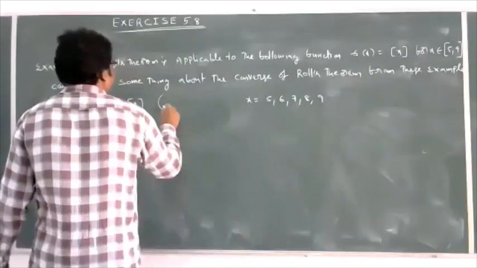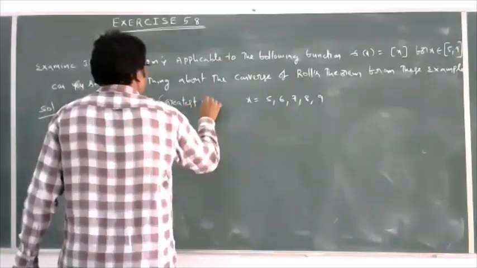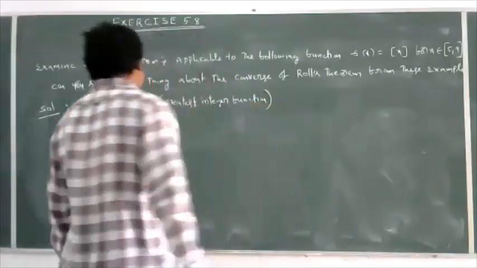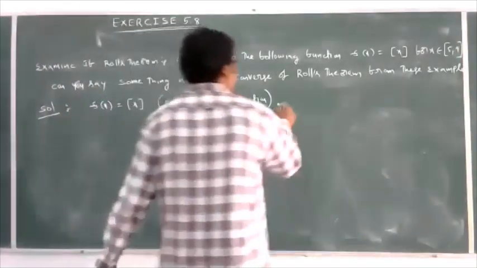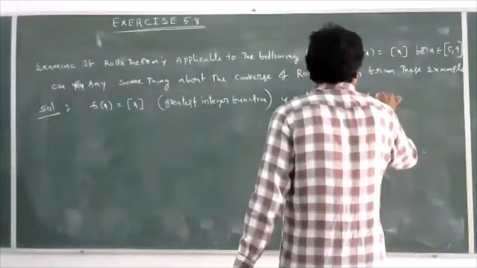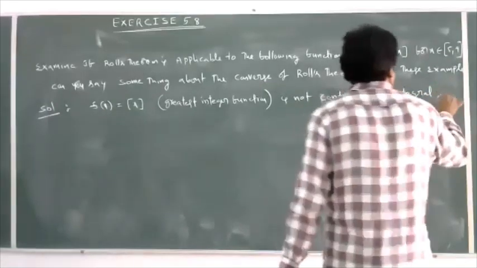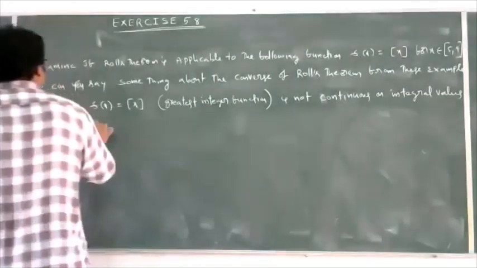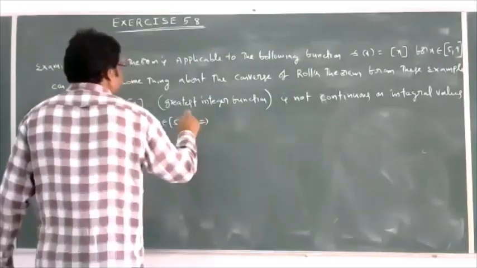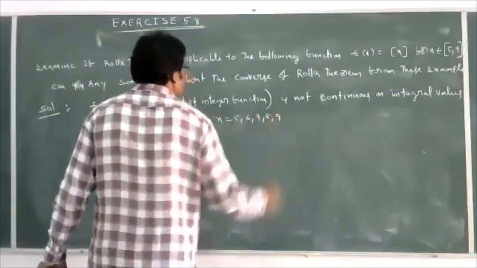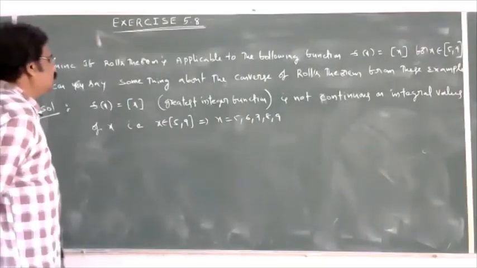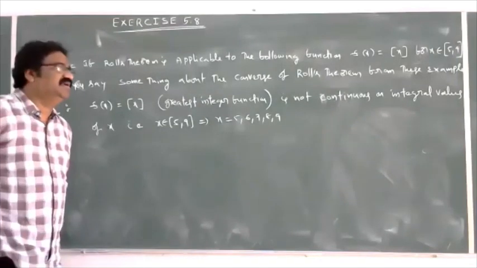The greatest integer function is not continuous on integral values of x, that is, x belongs to closed 5 comma 9, which implies x is equal to 5, 6, 7, 8, 9.